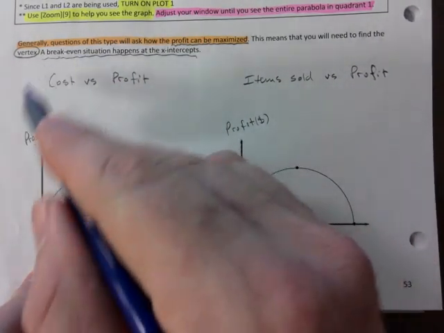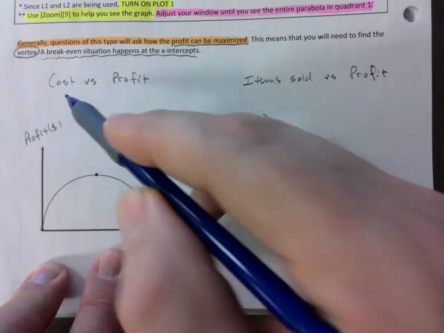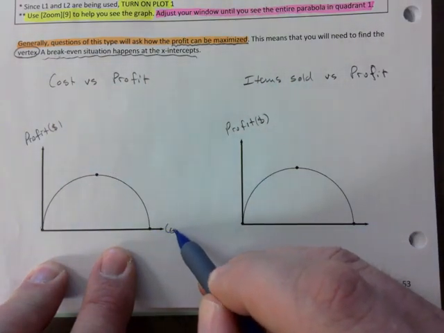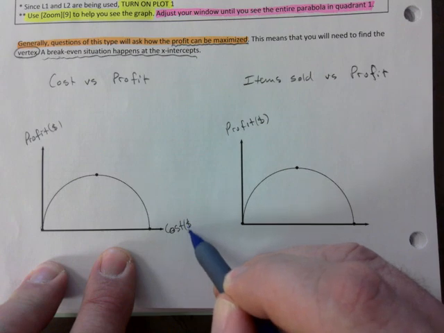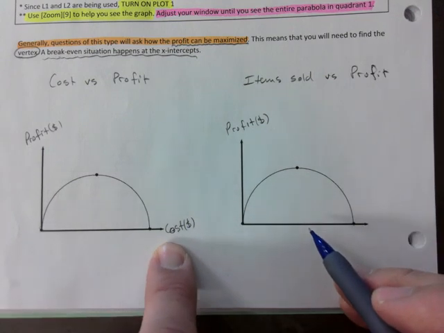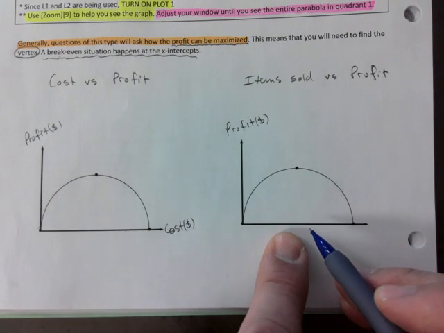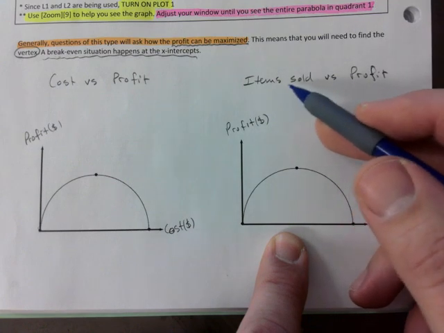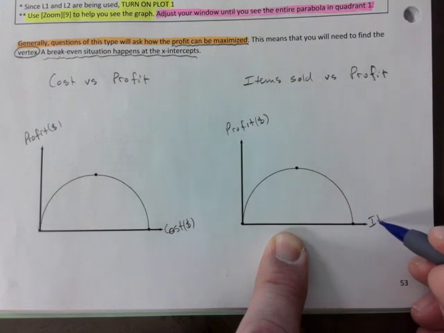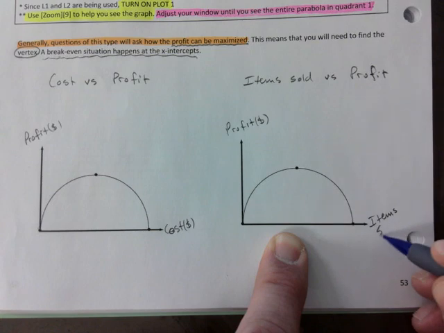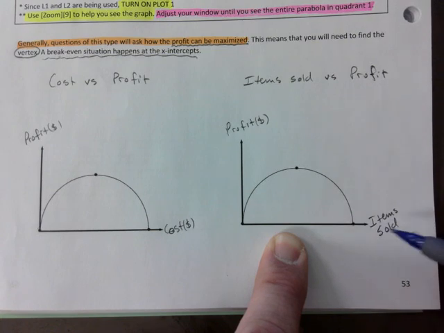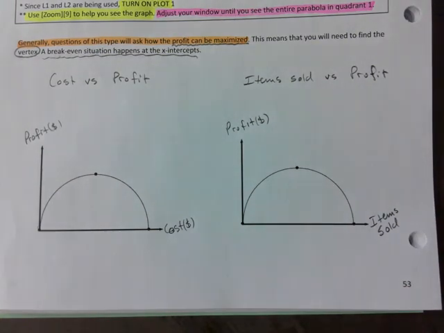What changes under the first circumstance, right? You're gonna go cost, like whatever the cost is per item. And on the second curve here, we're gonna have items sold along the x-axis.